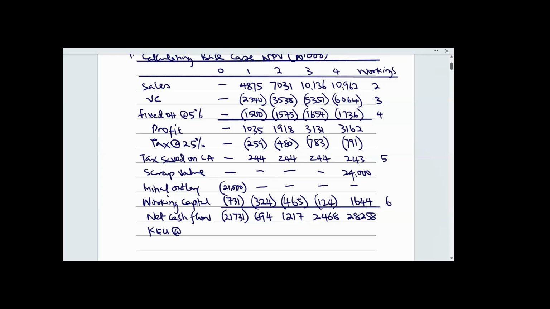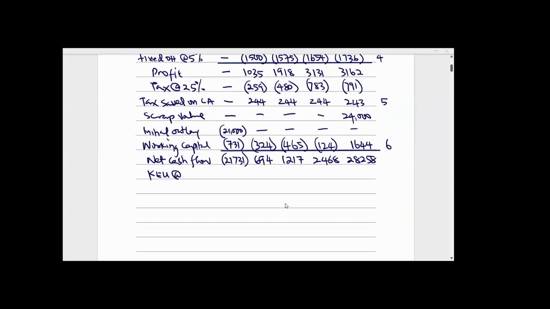Yes, sir, 1035. Let me confirm. 1035 minus 259 plus 244 minus 324 equals 696. You are correct. It's 696. Thank you. Okay then.